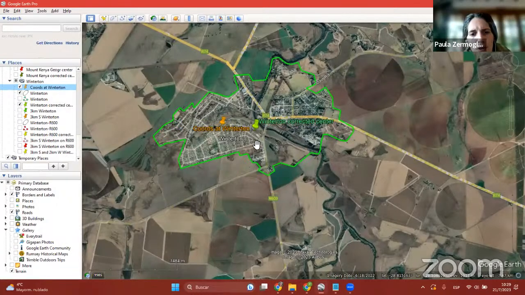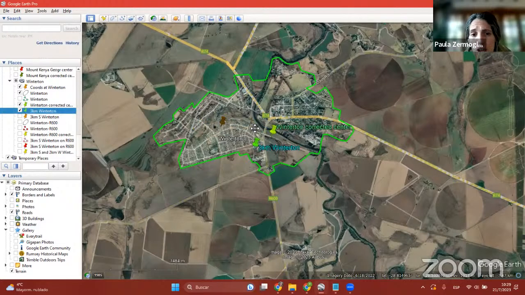These were the coordinates for the geographic feature only description. The ones for 3 kilometers Winterton are the same as the feature only, because it's 3 kilometers from this point, so the point is the same.